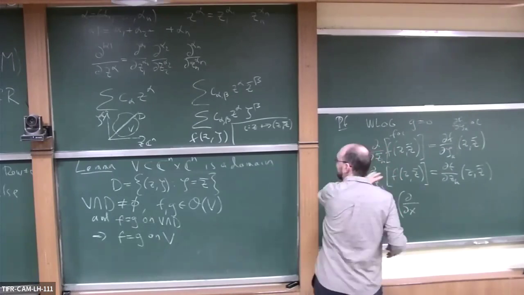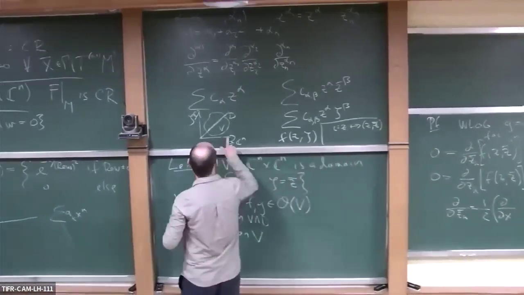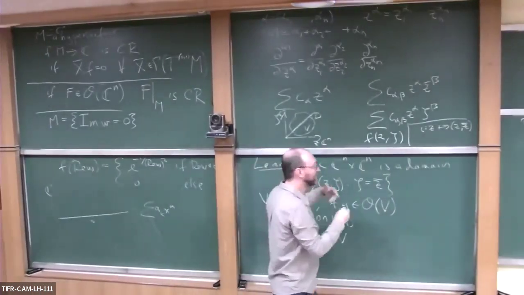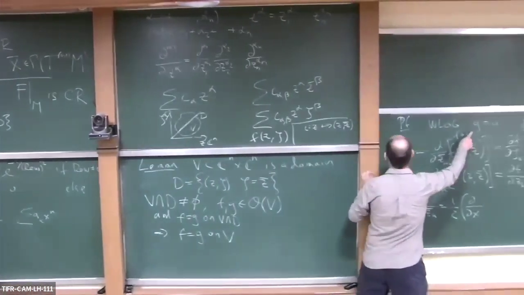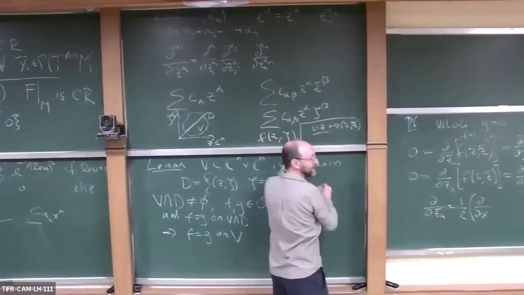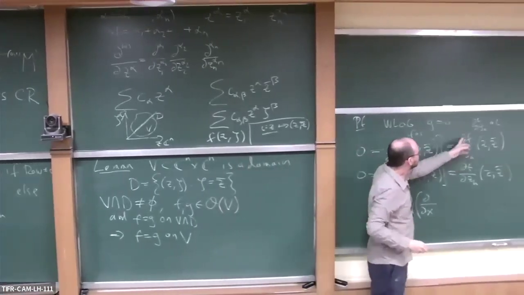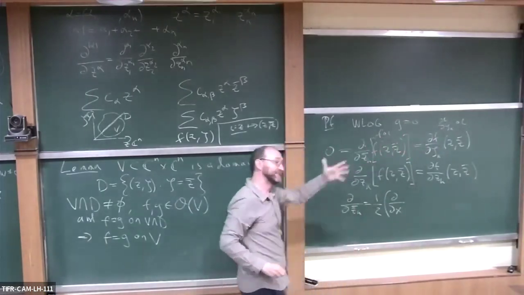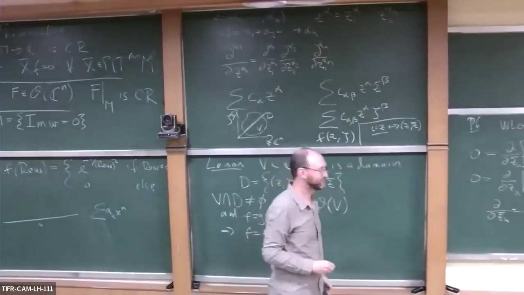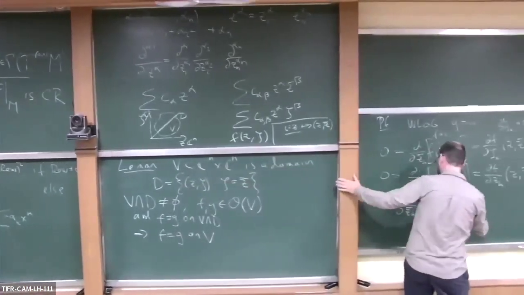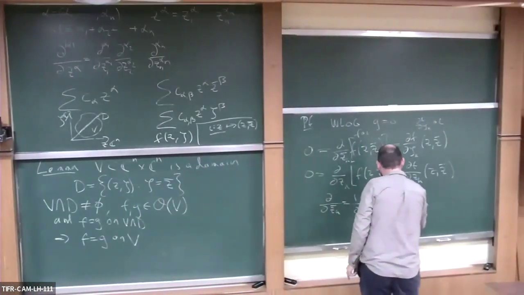This guy lives on here, and I'm applying it on C or Cn, whereas these derivatives are in terms of C2n.